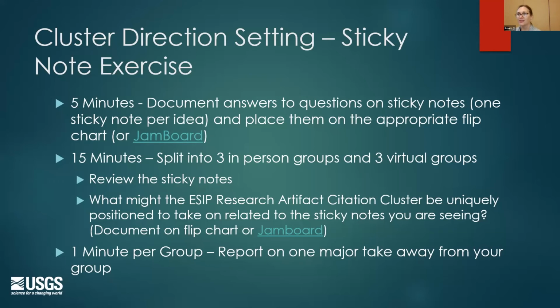Then we'll come back together at the end, with 1 minute per group to report on one major takeaway from the sticky notes you saw within your question, or part of the discussion that came out of looking at those. So one major takeaway from each group.